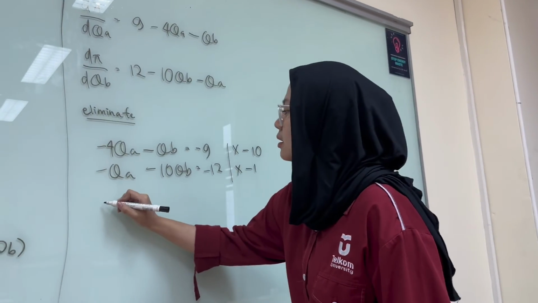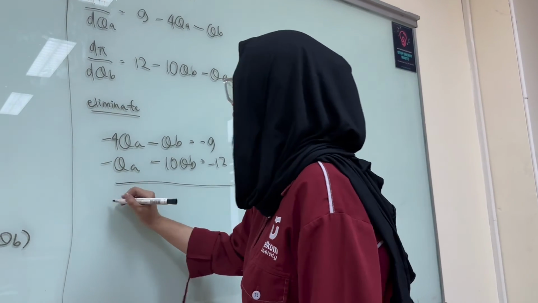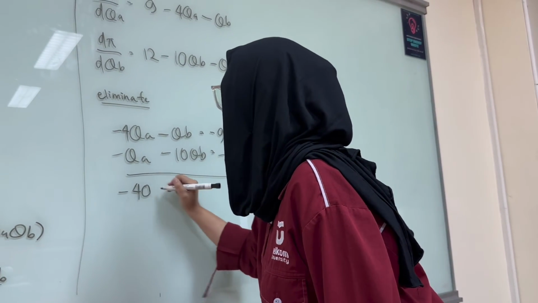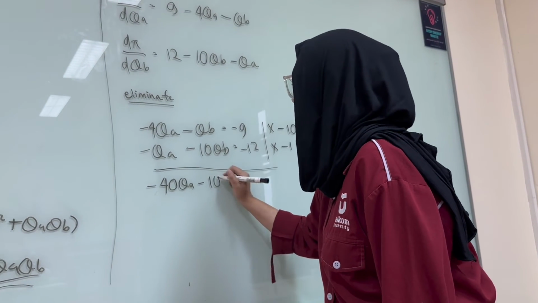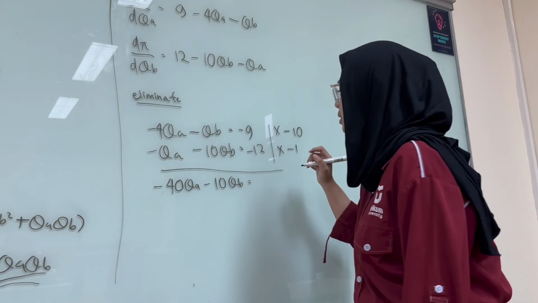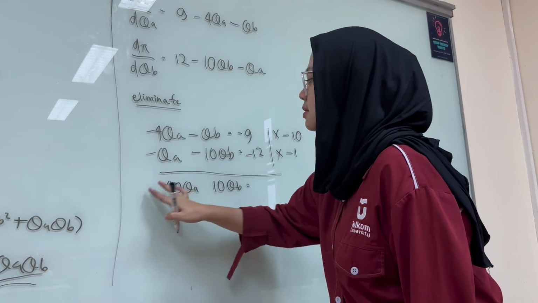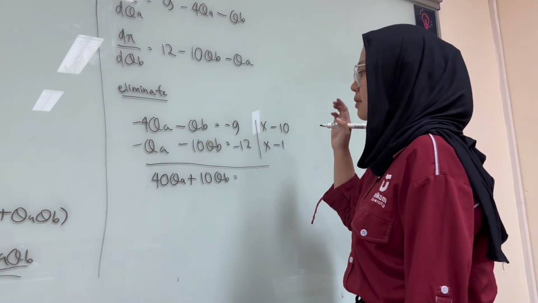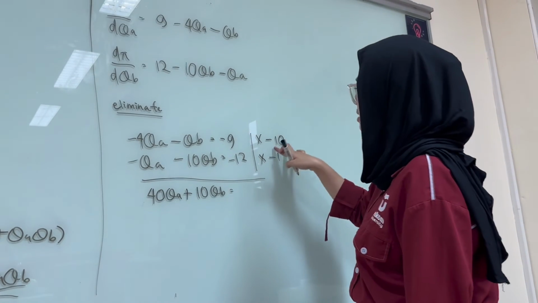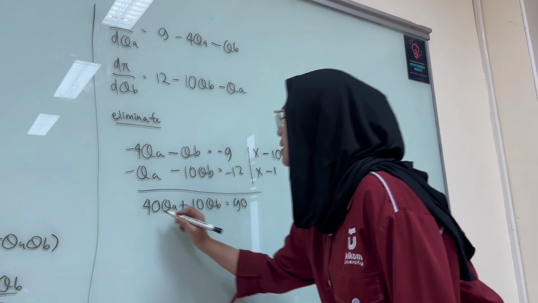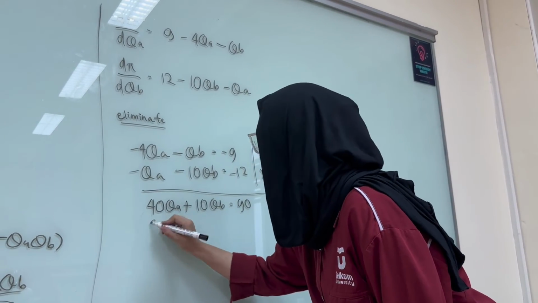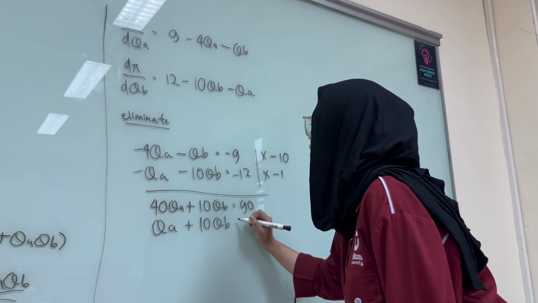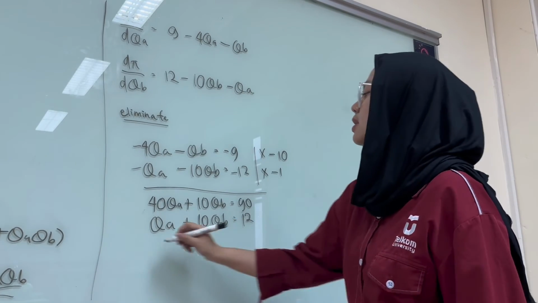So this is the new function: 40 QA minus 10 QB equals 90. I'm sorry, this has to be plus, because minus times minus is plus, and minus 9 times minus 10 is plus 90, and this will be plus QA plus 10 QB equal to 12.